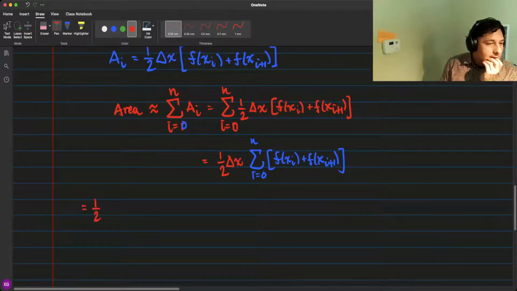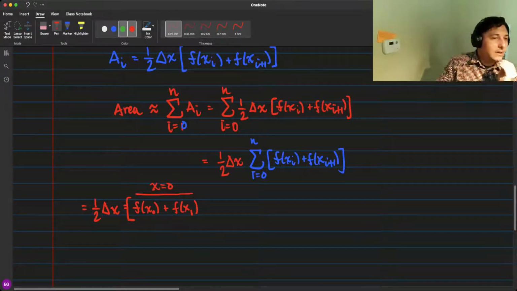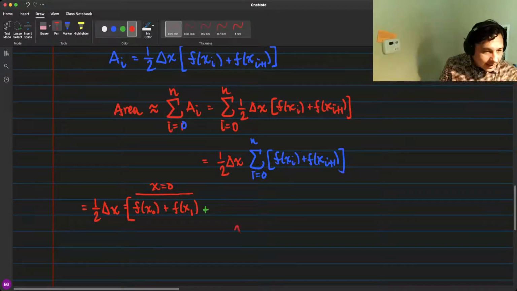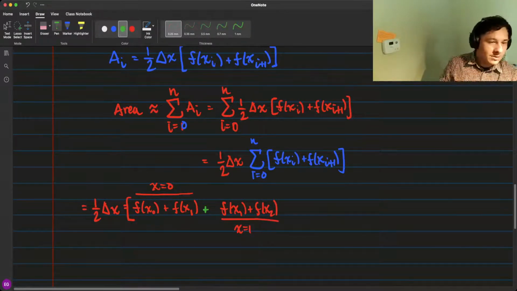Okay, now we're going to look at this. If you start by plugging in 0, you're going to get f of x0 plus f of x1. That's what you get when you plug in 0. And then you're going to add to that what you get when you plug in 1. If you plug in 1, you're going to get f of x1 plus f of x2. And then you go to the next number.